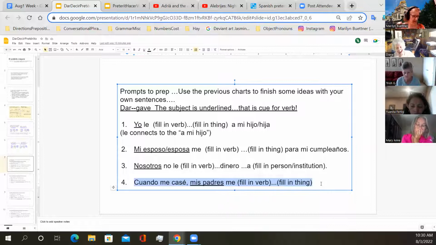Sus ejemplos. Your example. Bendiciones. Sus bendiciones. Sí, blessings. Me dieron sus bendiciones. Yes. Sí, excelente. Bendiciones is blessings. Their goodwill, their wishes for a happy future, their approval. Sí, bendiciones. Perfecto. Ok, algo más.